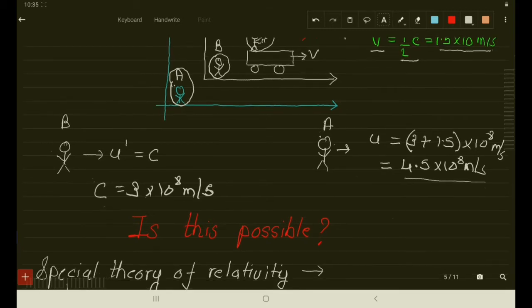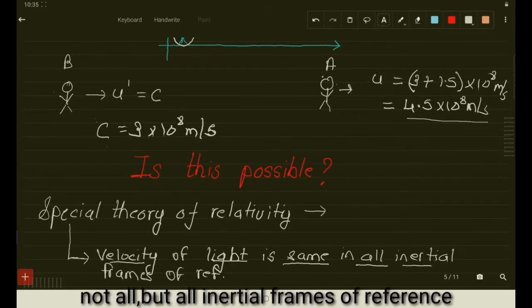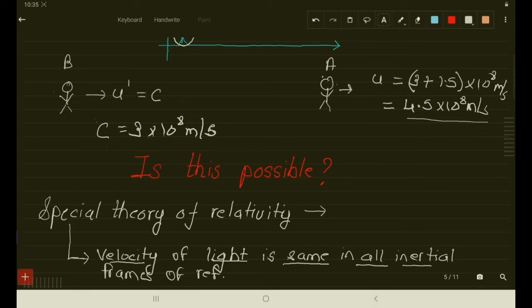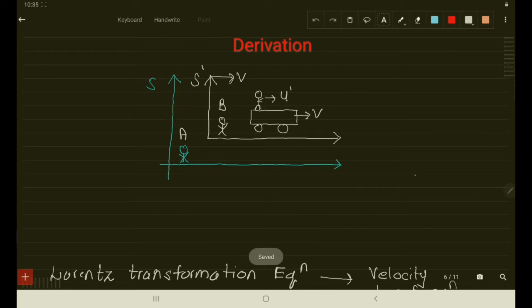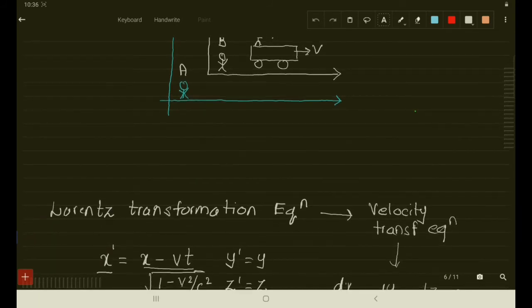Experimentally also it has been found that the velocity of light is the same in all frames of reference. Try to remember the Michelson and Morley experiment, where we found that the velocity was the same in both cases. So now let us try to find out how to derive the equations for velocity transformation.